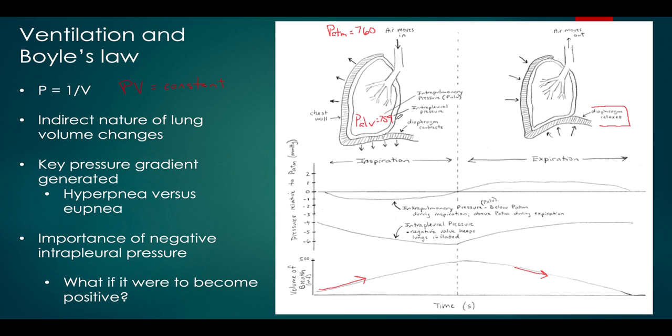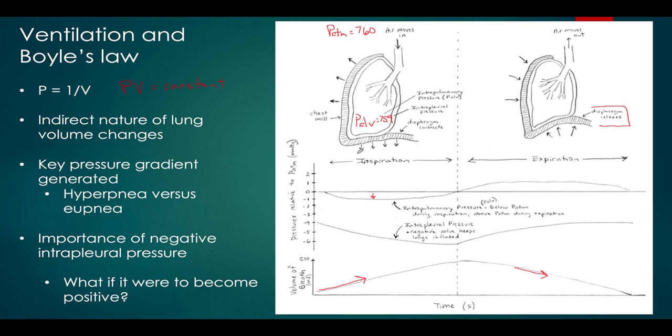In other words, it's going to fall slightly below atmospheric, right? That's this fall that we see right here, down to about -1 relative to atmospheric, right? 760 minus 759. So we have about a 1 millimeter of mercury pressure gradient, really small, driving airflow into the lungs during inspiration at rest.